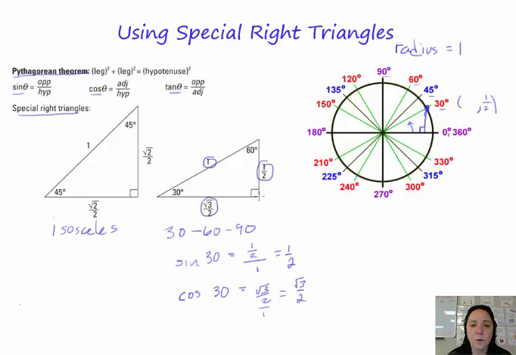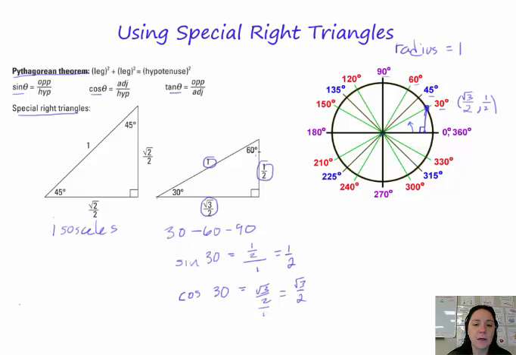Well, that is our horizontal distance here. Since this is at the origin right here, then that gives us this distance, or the x-coordinate for our point here, formed by the ray with a 30-degree angle. So the coordinates of our point here are the square root of 3 over 2, 1/2.